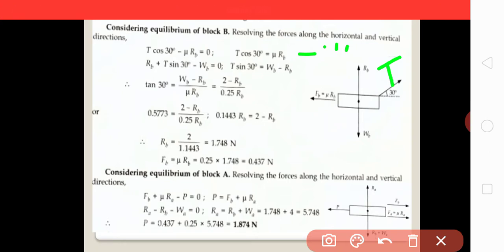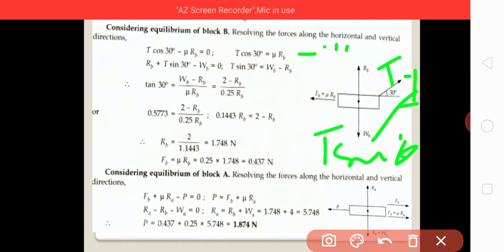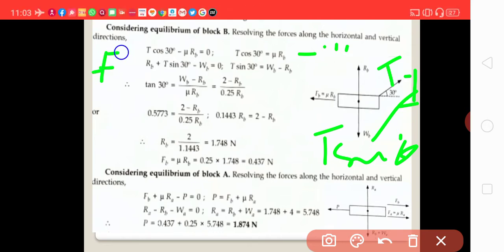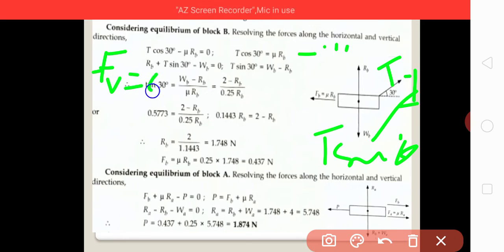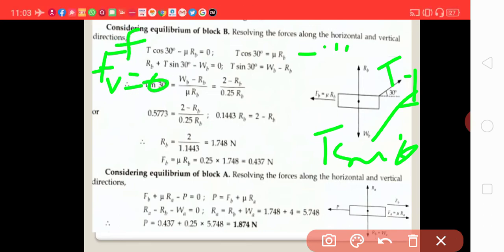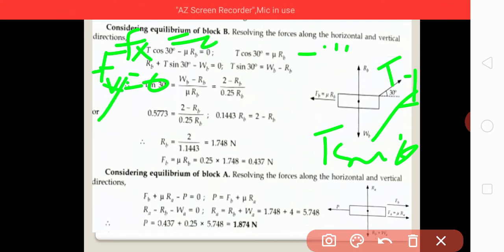Now RB, resolving vertically: RB plus T sin 30 minus WB is equal to 0, that is summation F vertical equal to 0. Here we did F x equal to 0, and here we did F y equal to 0. What will happen?